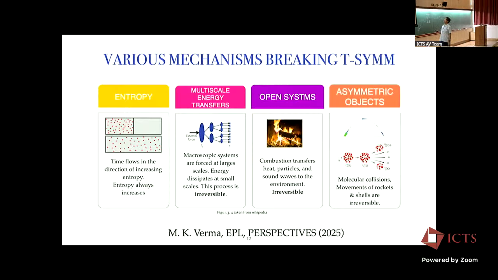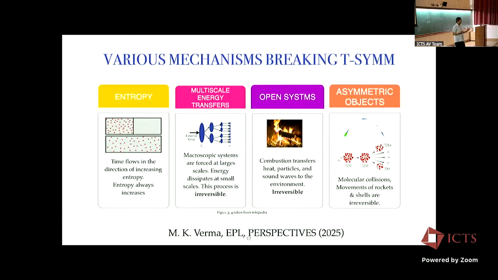And the last one is asymmetric objects. This example is pretty obvious. Spherical balls under collision, we can play the movie backward. Under this ballistic collision, we can't differentiate the forward movie from the backward movie. But if a projectile like a rocket is going in one direction, and I reverse the projectile motion, I can differentiate the backward movie.